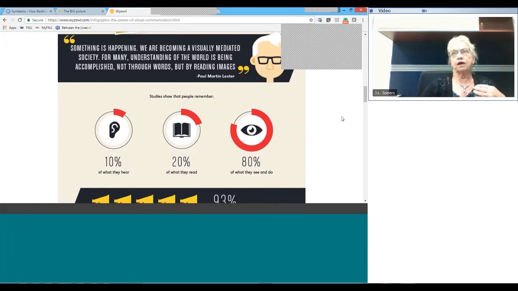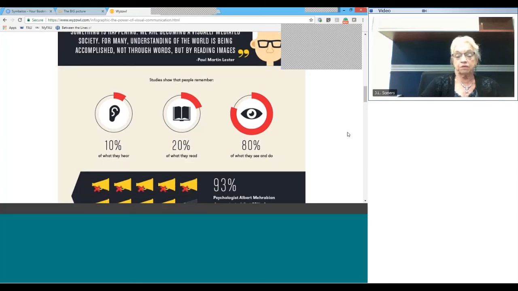Another thing that I found in the research was that 90% of everything that comes into our brain at least starts out as a visual image.